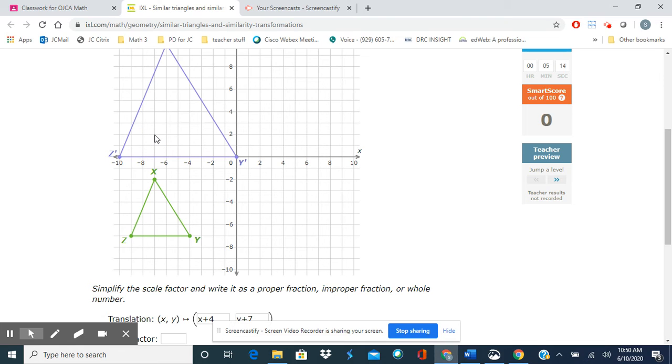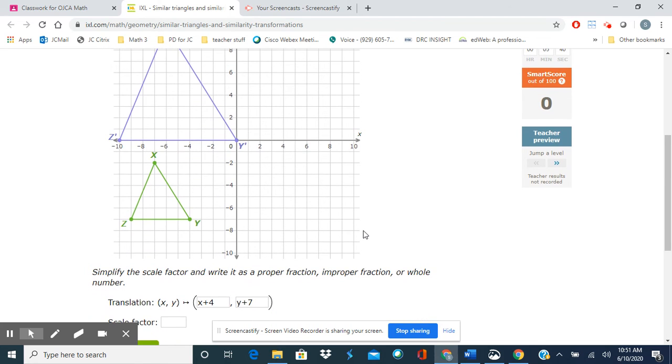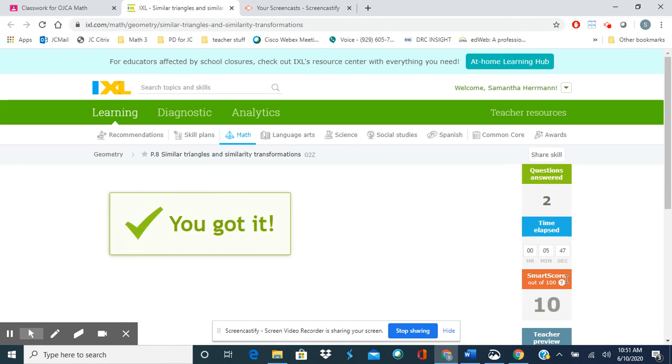And then I'm moving to the right 4. So if I start at 7, I'll now be at 3. And I'm moving up 7. If I start at -2, I will now be at 5. So here's where my new x will be, okay? So I have -3 and I have -6. -6 divided by -3 will get me a scale factor of 2. I'm going to submit. I got it.